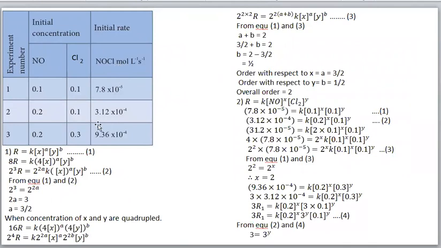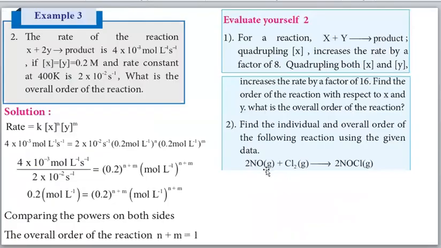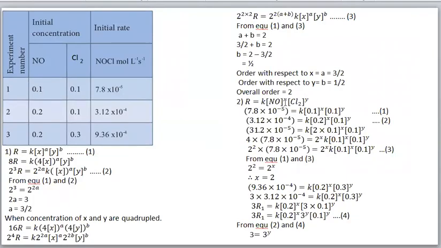Okay. So first we can write the rate law. Rate law, R is equal to, you see this equation, NO and Cl2. So concentration of NO to the power X, or we can write A, any symbol we can write, concentration of Cl2 to the power Y.